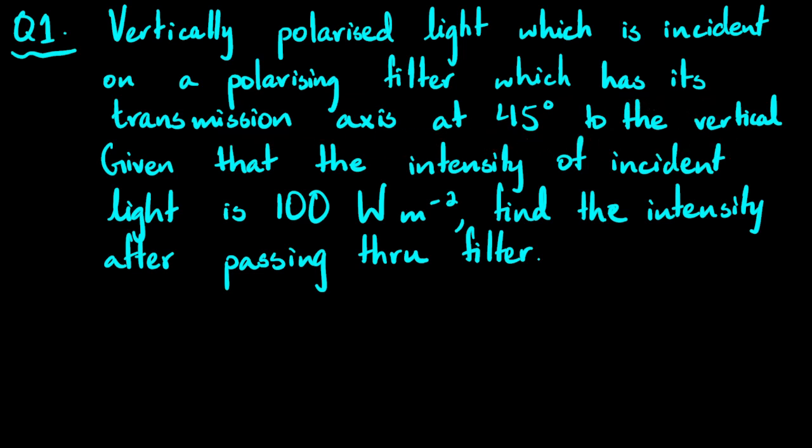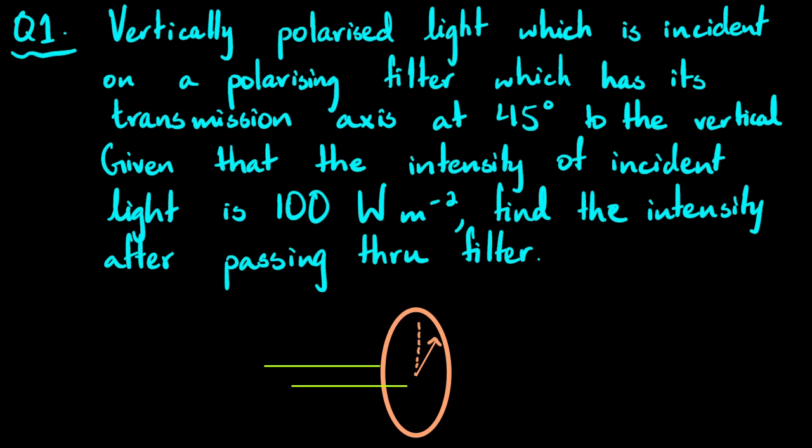Right, so let's also try to make the diagram as we go through the question. This is the transmission axis, which is at an angle of 45 degrees to the vertical. Remember in Malus's law, when I told you about the angle, it's always going to be the angle between the incoming light and the transmission axis. So right here we have the incident light, which is like this.